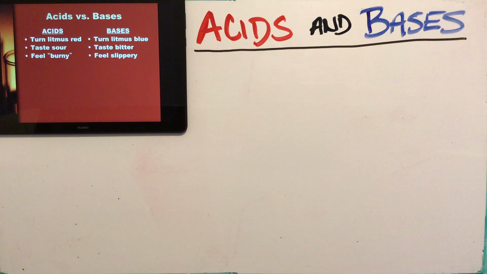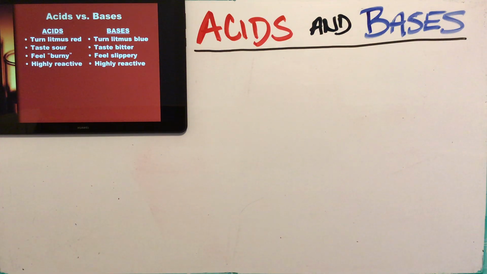Now, in the lab, we use weaker acids and bases because they still get the job done. We don't use the highly concentrated stuff. We dilute it down. Little shout out to last lecture. But we dilute them down, and sometimes some base will get on something, and I'll tell the students, you can touch it. Make sure you rinse your hand right after, but you can feel the slickness of a base, very slippery.